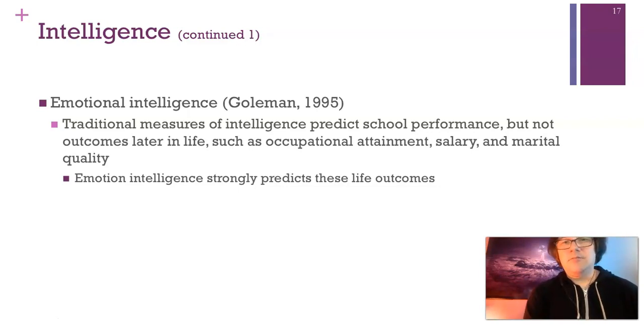So what is emotional intelligence? Well, traditional measures of intelligence tend to predict school performance and achievement and maybe aptitude or people's potential ability, but not necessarily outcomes later in life, such as occupational attainment or salary or marital quality. But emotional intelligence actually tends to predict these life outcomes pretty strongly in the research.